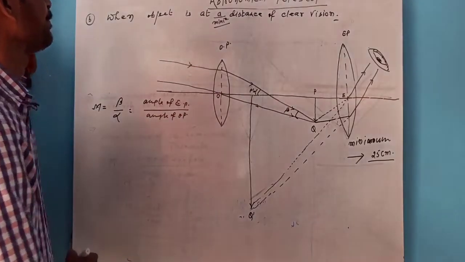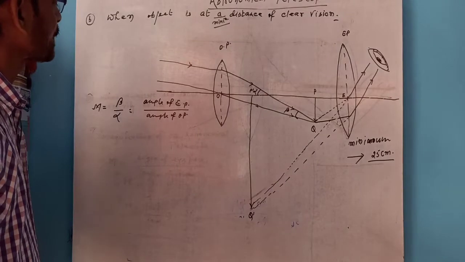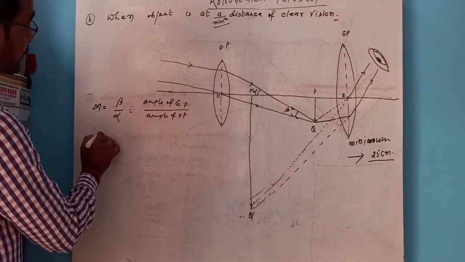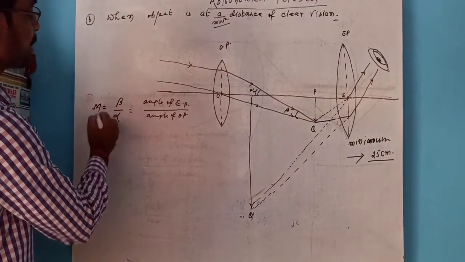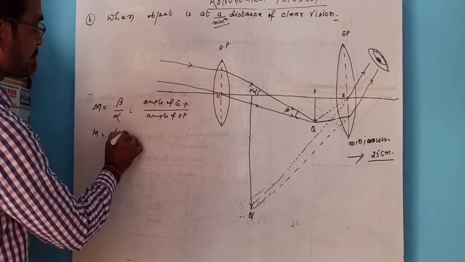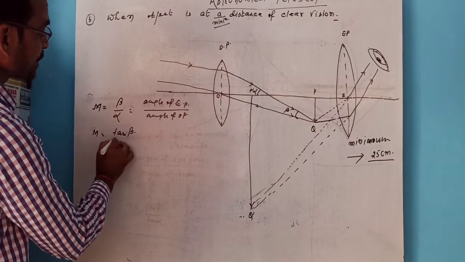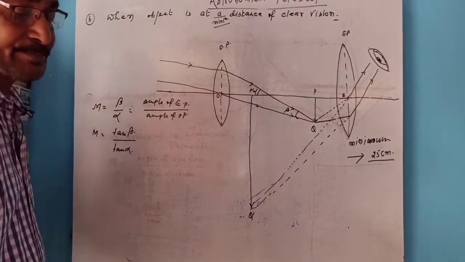Angle of image and angle of object. M is equal to tan beta upon tan alpha.